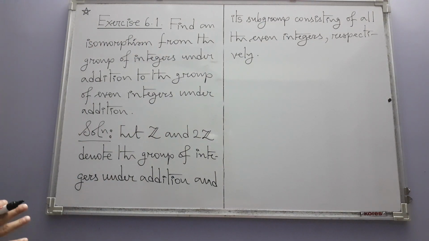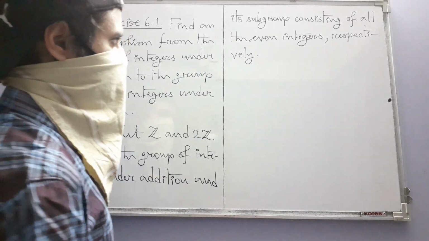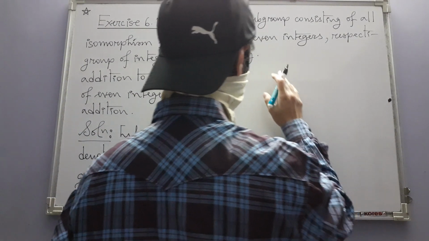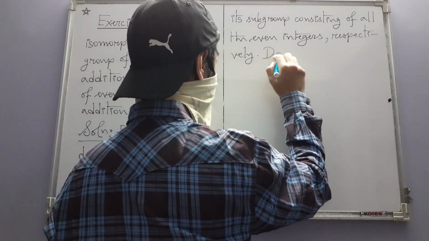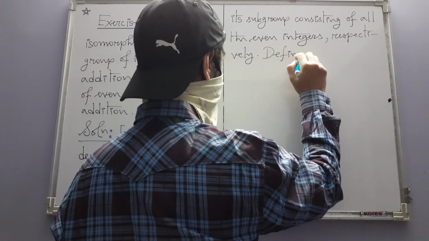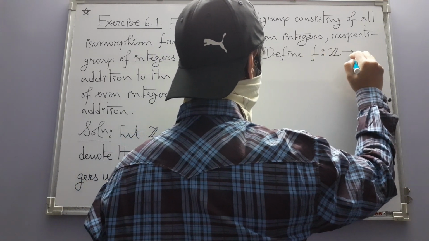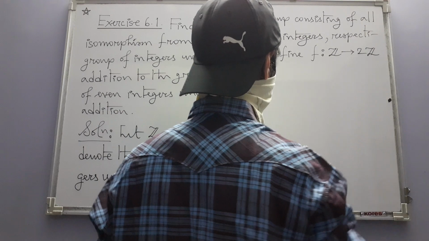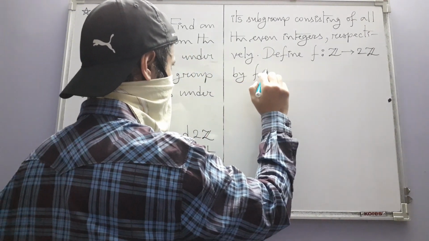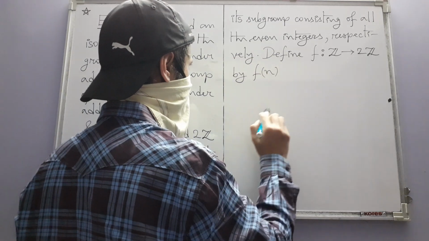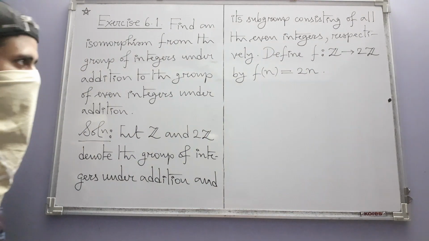Okay, now we have to define an isomorphism. So what can be more natural than this function? Define f from Z to 2Z by f of n equal to 2n.